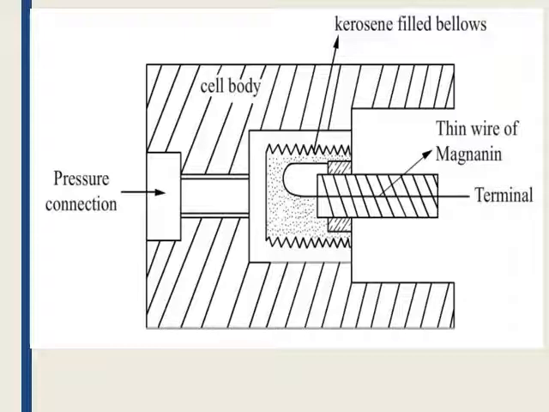When a pressure is applied, it causes the compression of the bellows, which in turn applies pressure on the manganese wire. This application of pressure on the manganese wire changes its resistance, and because of which the voltage across the wire, the EMF, changes.